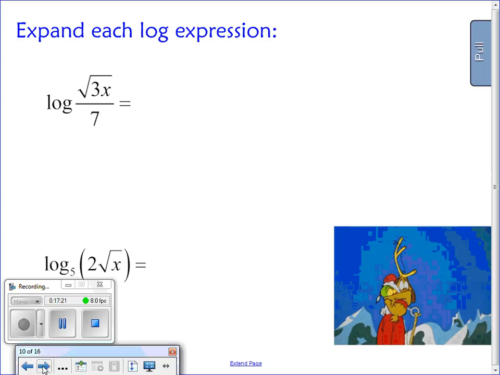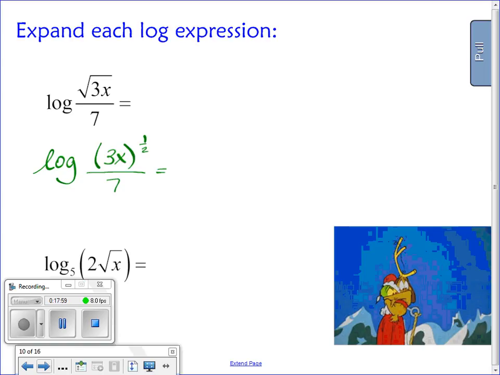All right, so expanding this one, there was a radical. How should we probably rewrite that? So what he said with his parenthesis on, parenthesis off stuff. So really I have 3x to the 1/2 over 7. Because if we have exponents, we can take exponents and put them in the front when we're expanding.